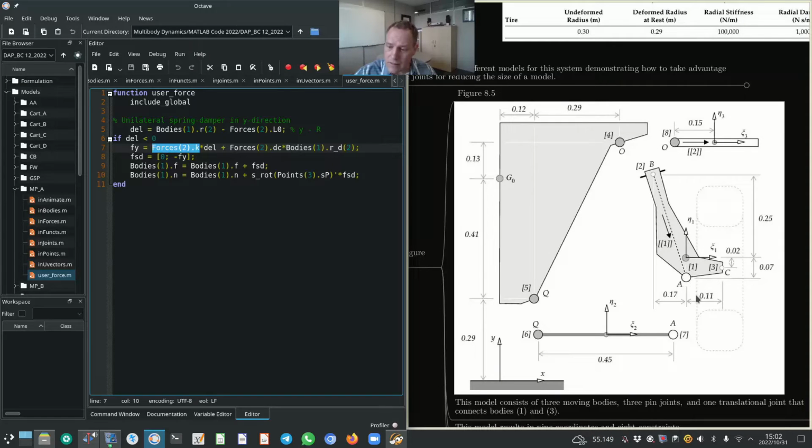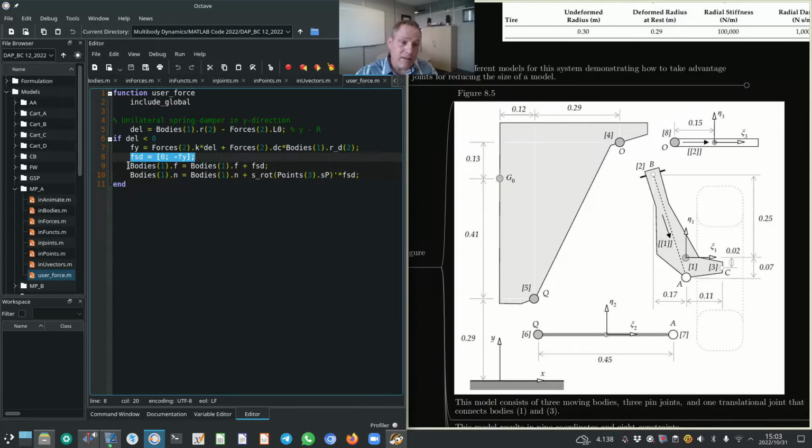The rate of that deformation, multiplied by the damping coefficient, will also be negative. So we will have two negative components that we add, so we need to change the sign to a positive, and that's why Prof. Nikravesh puts a minus Fy over here.